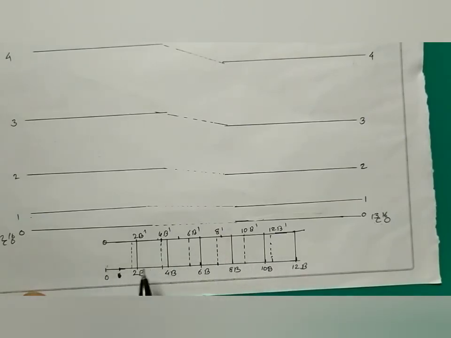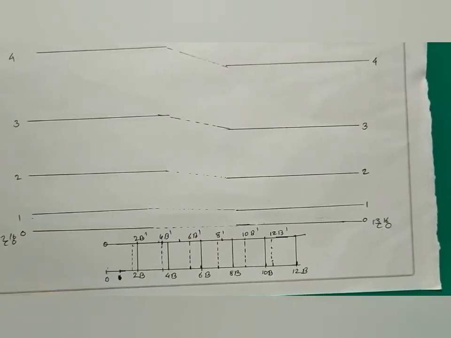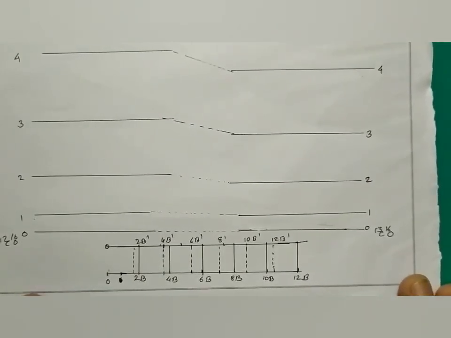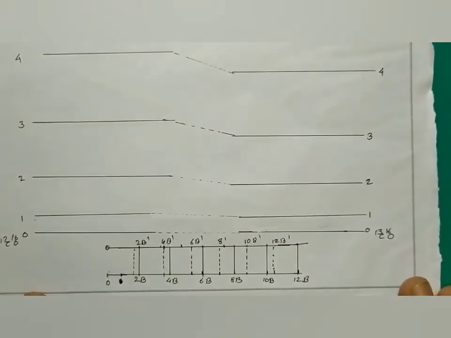Now this figure shows the isotopic effect on the rotational spectra of a rigid diatomic molecule. The spacing between the lines decreases when we replace an isotope with a heavier mass.